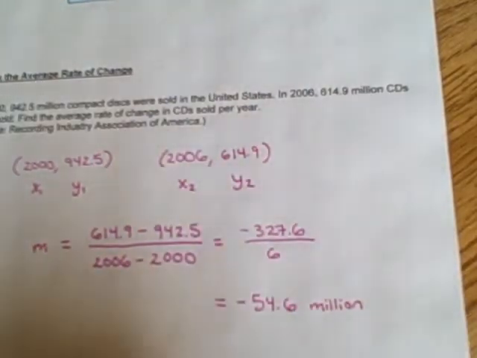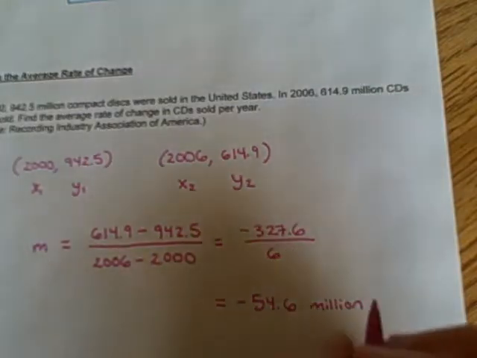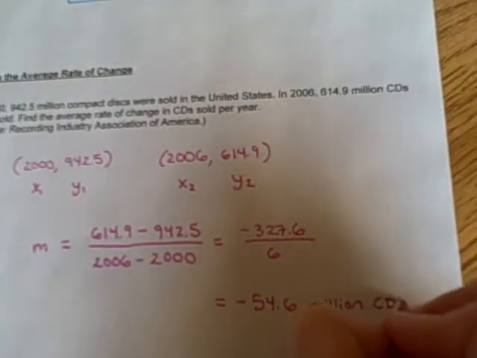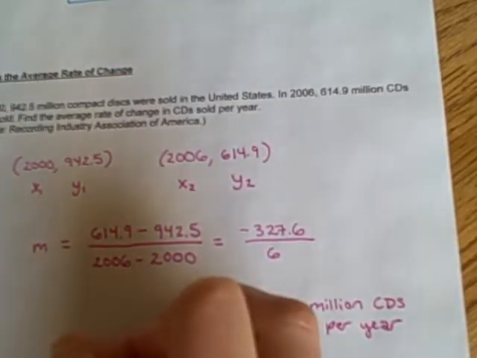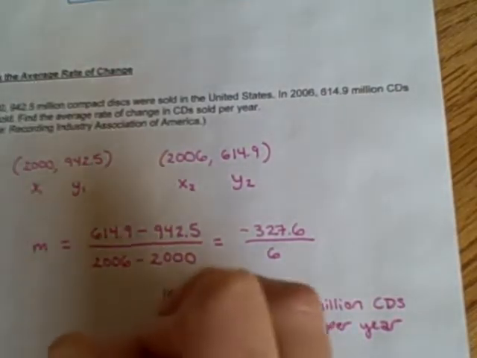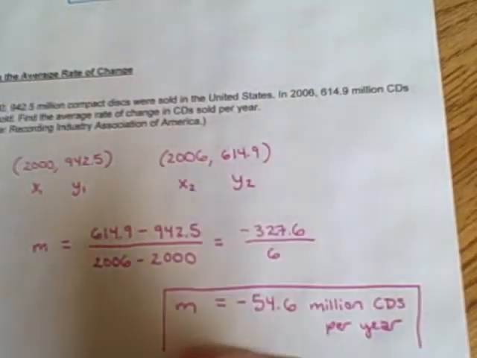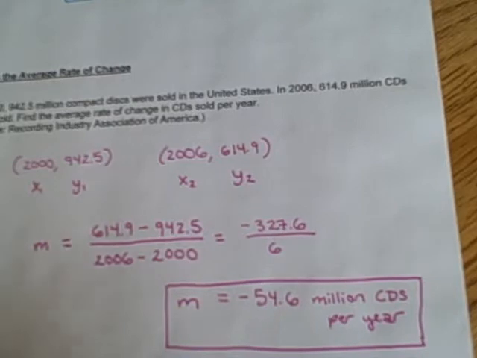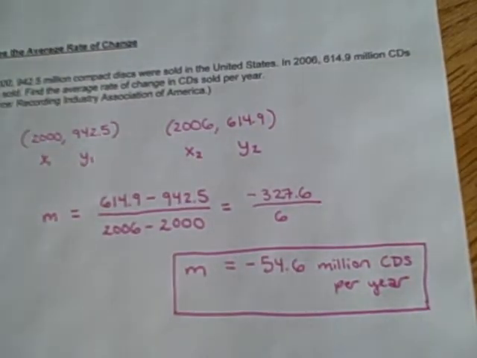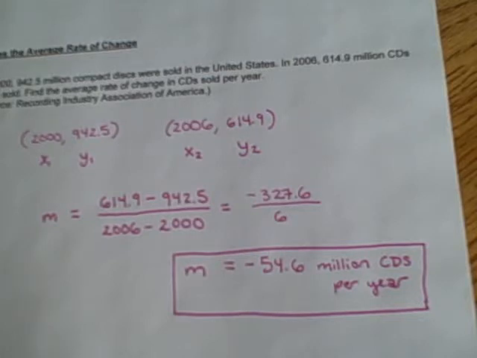Remember, we were talking about CDs in millions of CDs per year. That's our average rate of change. So you could easily graph these 2 points and see how the CD sales changed over the years in the form of a line as well.